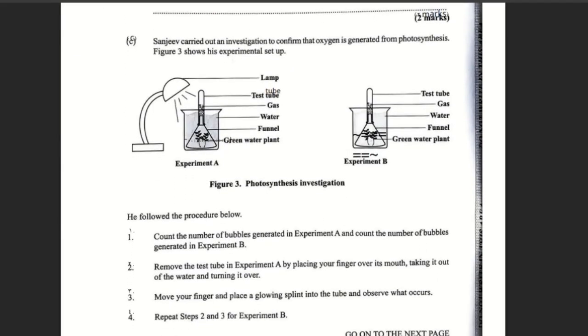Okay, so now the next question says Sanjay carried out an experiment to confirm that oxygen is generated from photosynthesis. Figure 3 shows his experimental setup, and this is the procedure right here, right? Basically they want to find out if oxygen is a byproduct of photosynthesis.